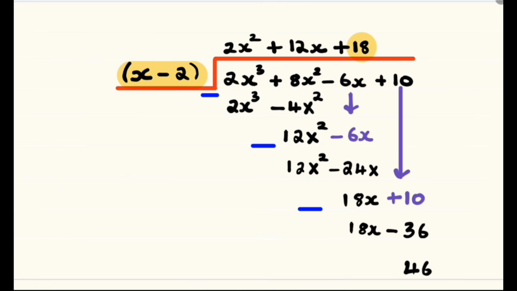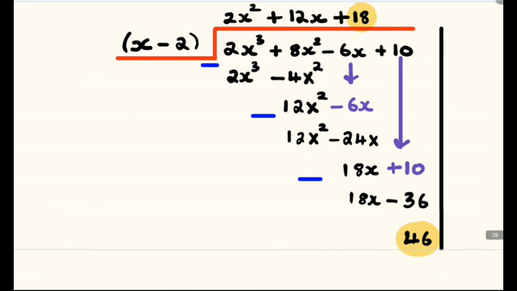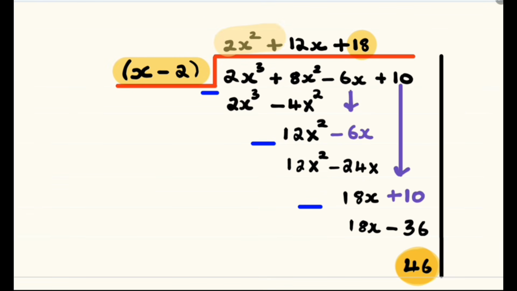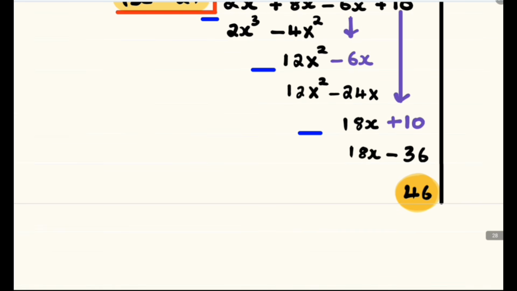So we have nothing to drop and we have the 46 as our remainder, which we have to divide with the x minus 2. And separately, we are going to have the 2x squared plus 12x plus 18.